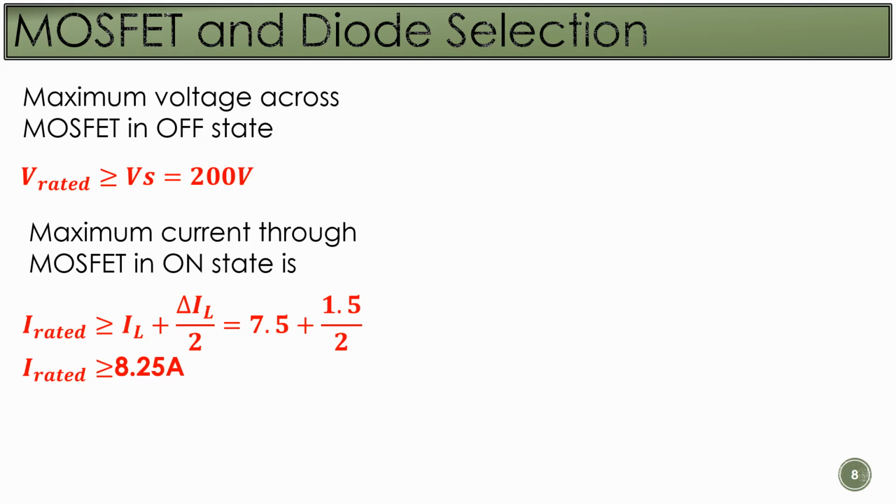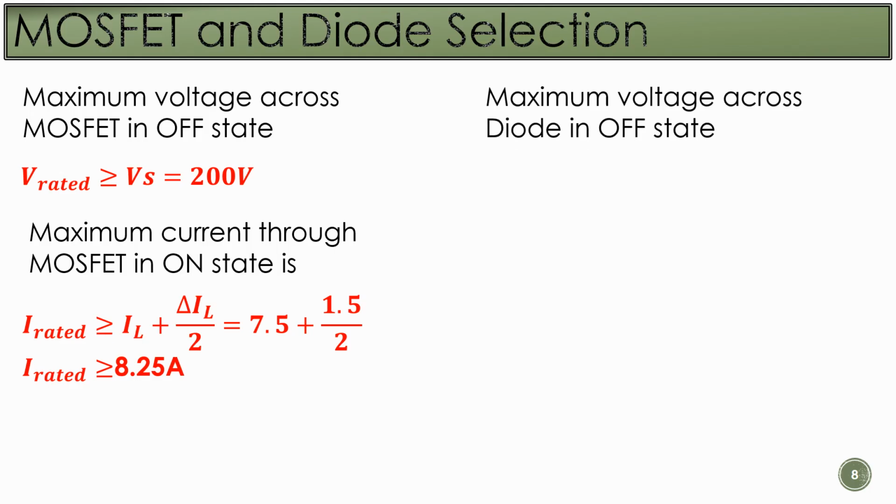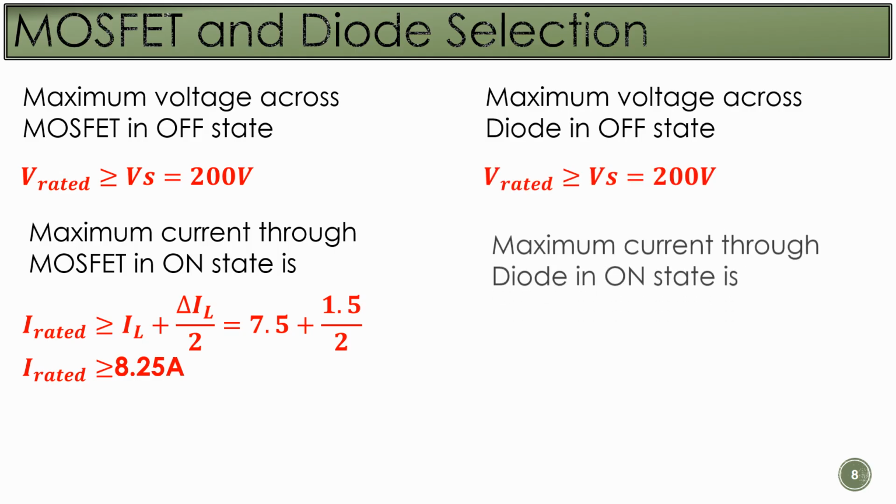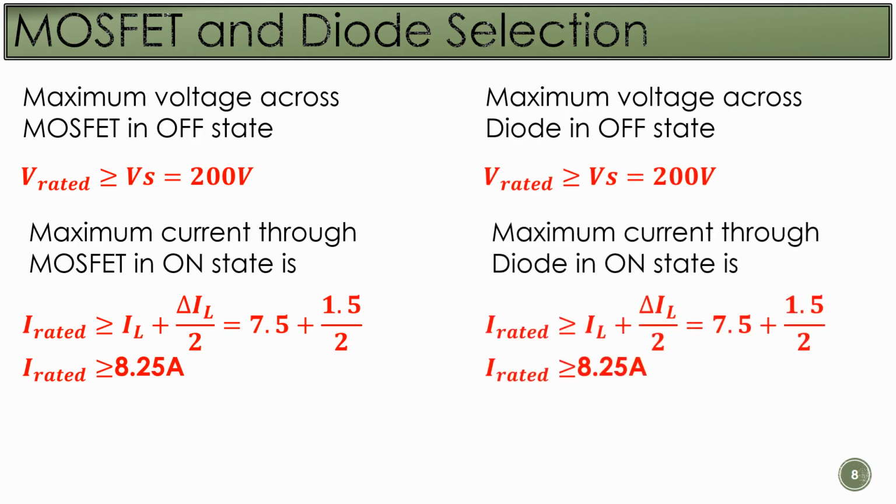So 7.5 plus 1.5 upon 2, that is the maximum current, it comes to 8.25. So from the market you have to purchase a MOSFET rated greater than 200 volt with a current rating of 8.25 ampere. Similarly, the maximum voltage across the diode in off state is greater than the source voltage, that is 200 volt, and the current is also the same, 8.25 ampere. So the diode and MOSFET both should be selected with a minimum rating of 200 volt and 8.25 ampere.